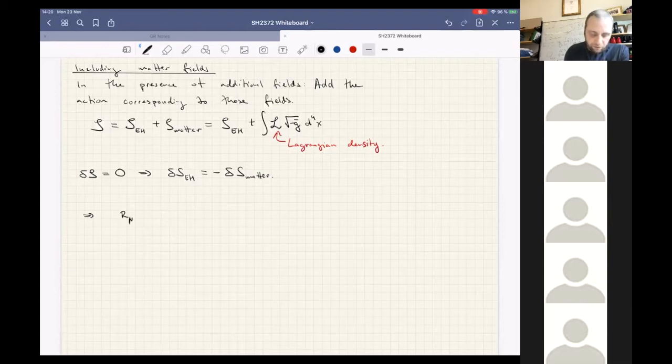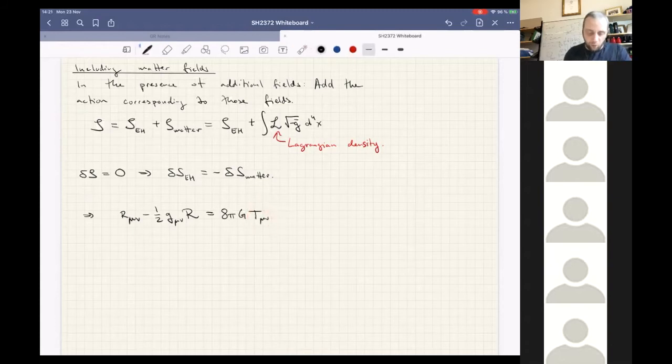If I solve for the same thing as we had before the break, the Einstein tensor here, since this is a part of the variation of the Einstein-Hilbert action, I can just solve for this part. What I'm going to find is that this is going to be equal to 8 pi G times T mu nu. So this is the definition of T mu nu.